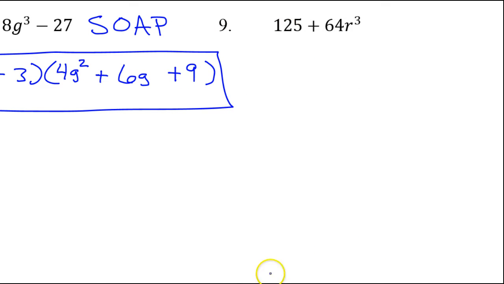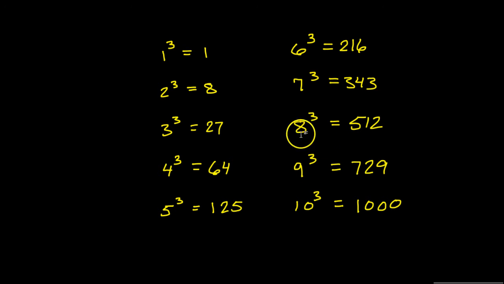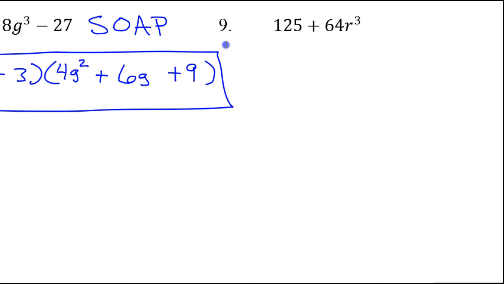See 125 and 64. If we glance at the list, 125, 64, those are both perfect cubes. So this is the sum of two cubes. And notice that this pattern works for addition and subtraction of two cubes, the sum and the difference.